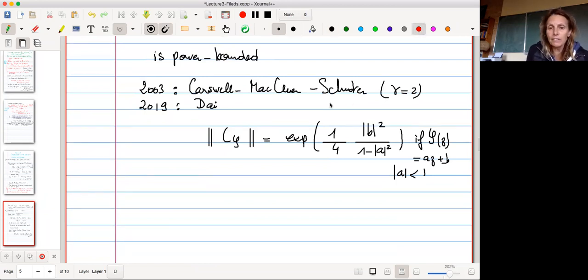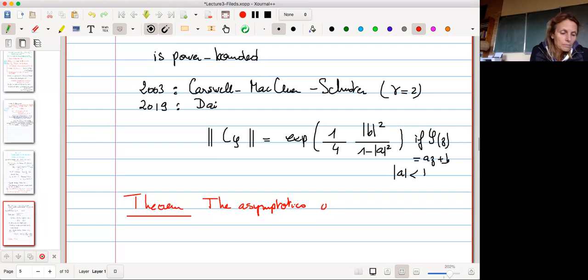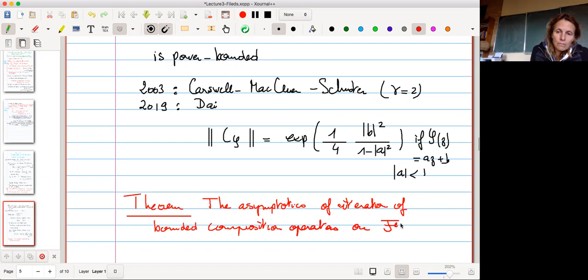So now I put the theorem. The asymptotic of iteration of bounded composition operators on Fock spaces is as follows.